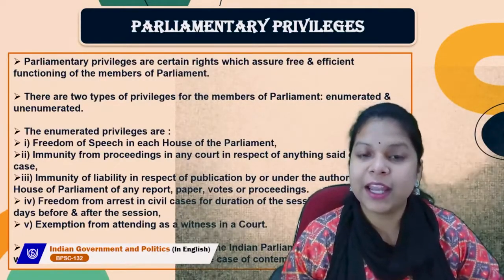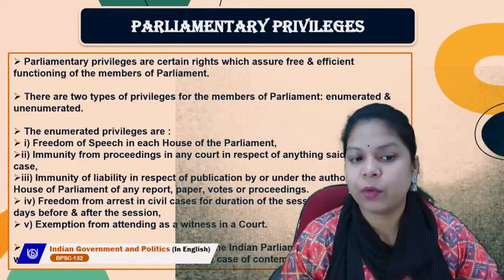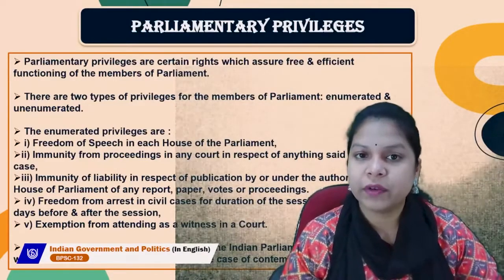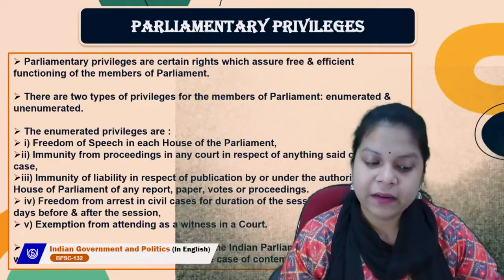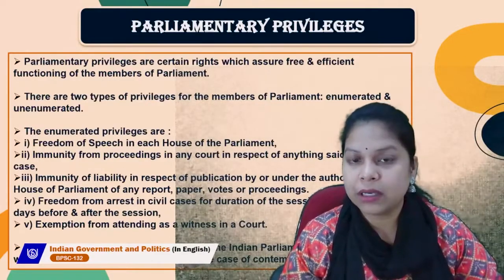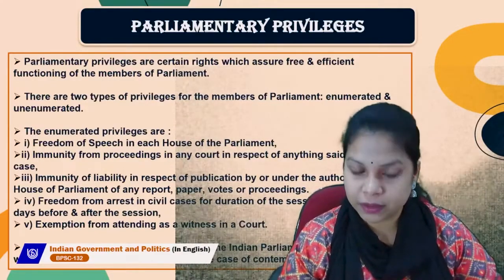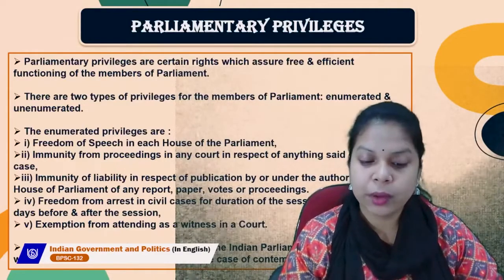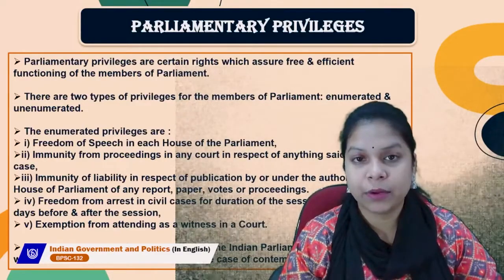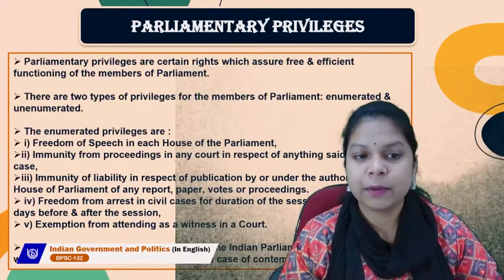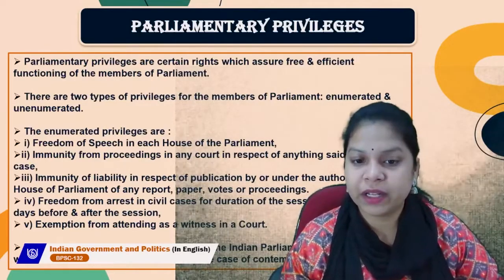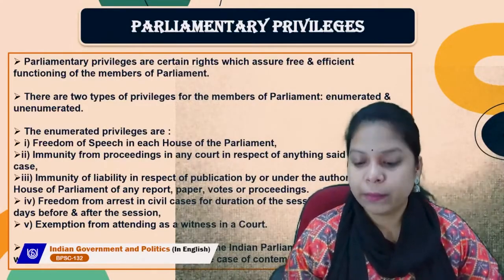So these are the enumerated privileges which are provided to the members of the parliament. The unenumerated privileges empower the Indian Parliament to punish a person, whether a member or a non-member, in the case of contempt of Parliament. So these are the two types of privileges provided to the members of the Parliament.